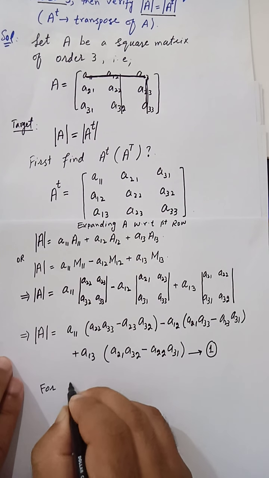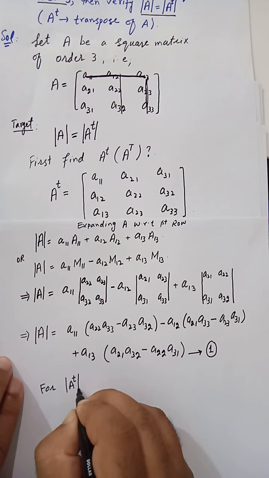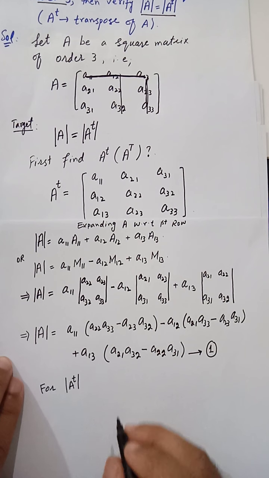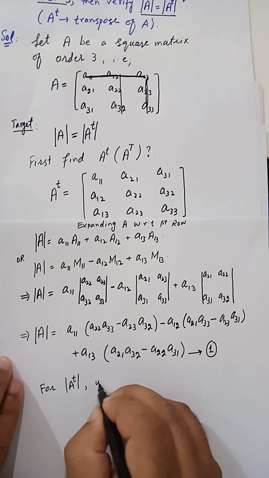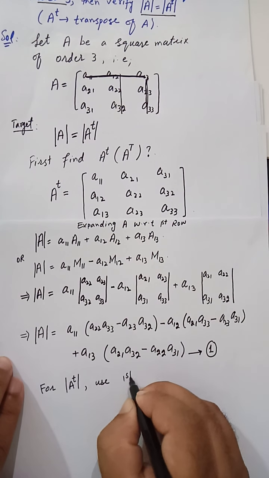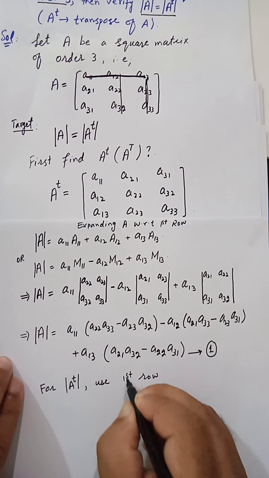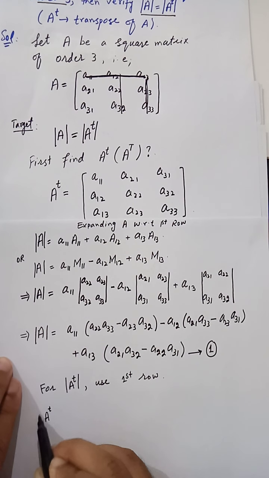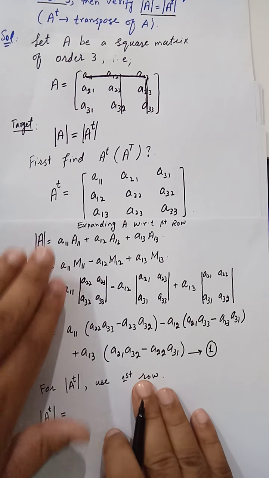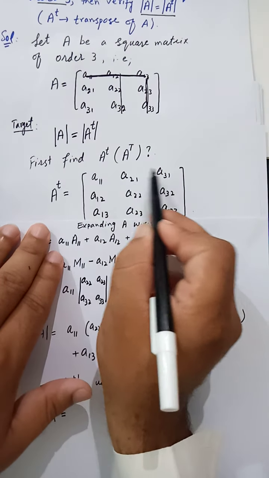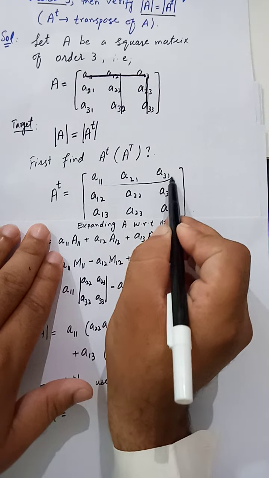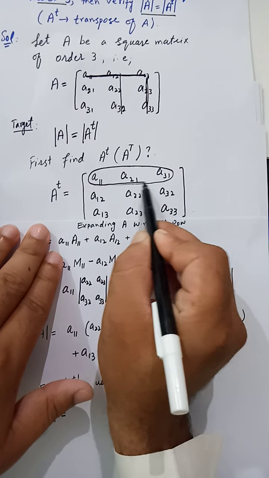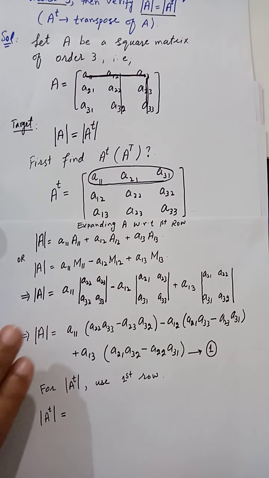For the determinant of the transpose of matrix A, I am using the first row. So expanding with respect to the first row, the determinant of the transpose of matrix A will be equal to, now you see that this is your first row.